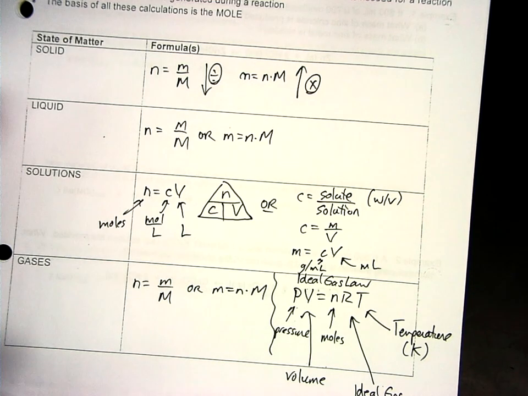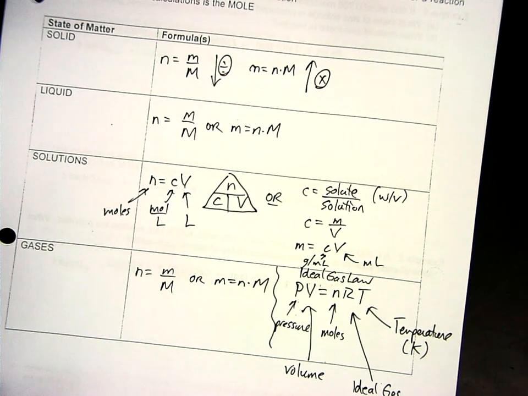With any stoichiometry, we need a balanced chemical equation. We have to know what our starting materials are and quantities. Figure out the moles, and allow the moles and the coefficients of the balanced equation to be used with some ratio and proportional reasoning to be able to determine the other quantity of the substance, whether it's another reactant or a product.